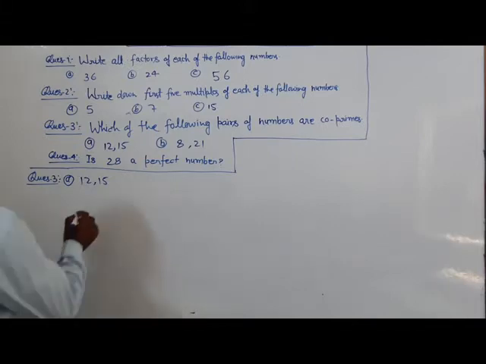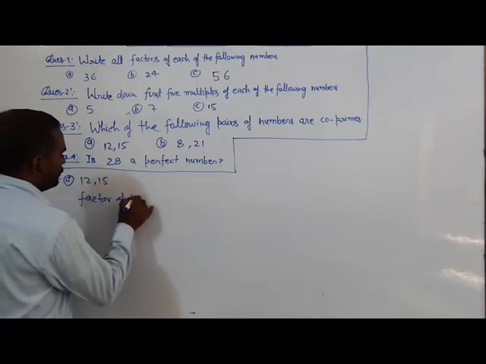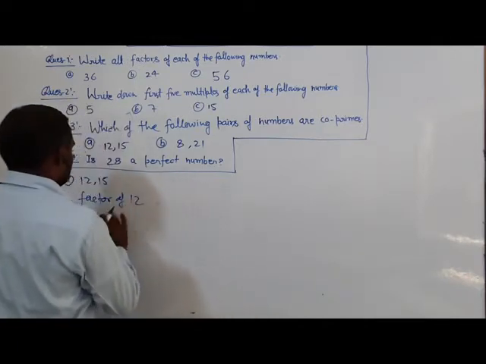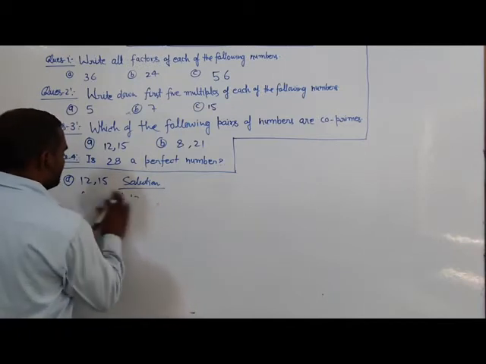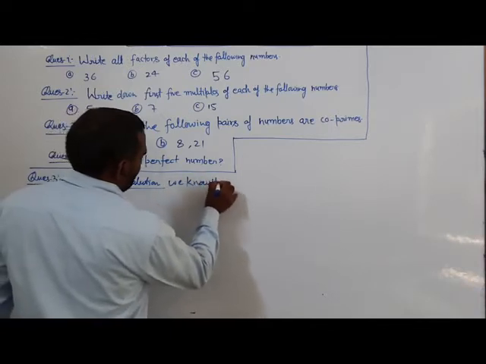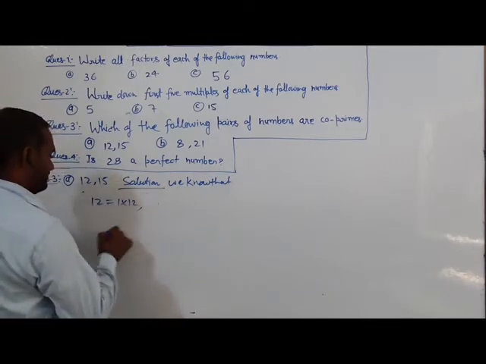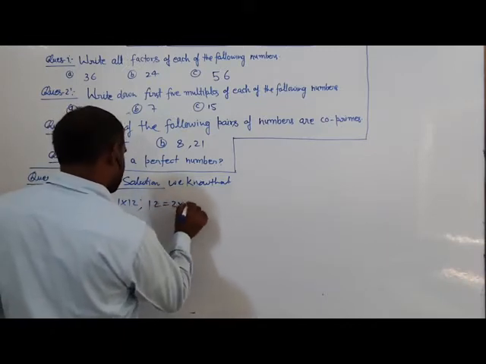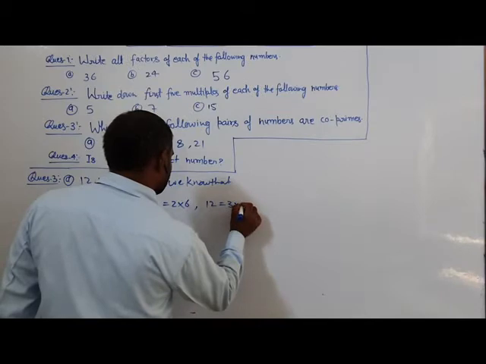Factors of 12: we know that 12 is equal to 1 into 12, 12 is equal to 2 into 6, 12 is equal to 3 into 4.